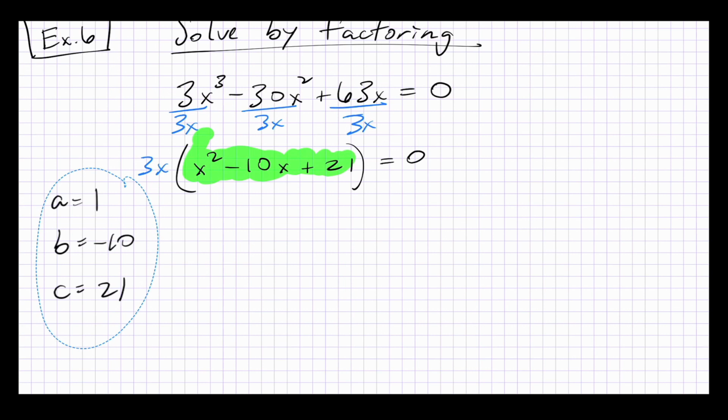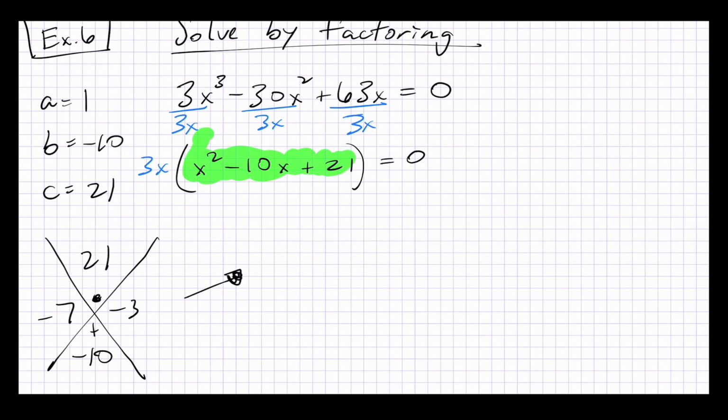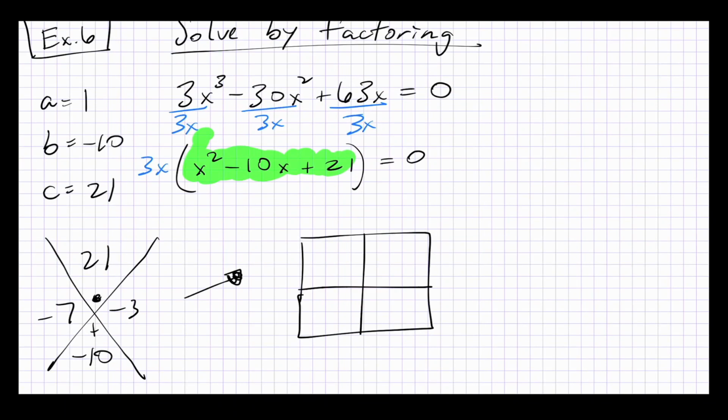Let's move this up a little bit. So what do we got? 21, negative 10, what is that? 7 and 3? Negative 7, negative 3. X squared, 21 minus 7x minus 3x.